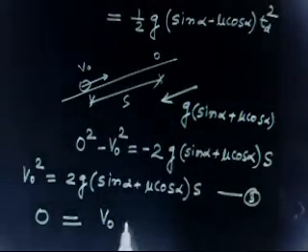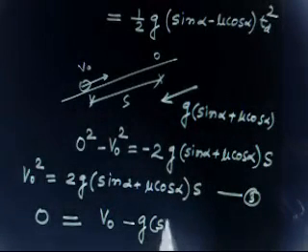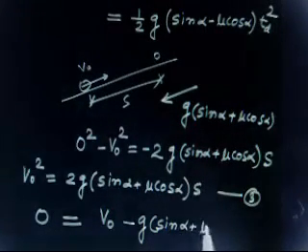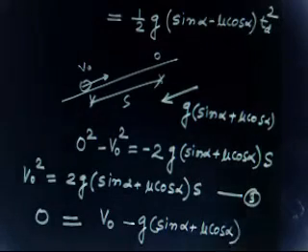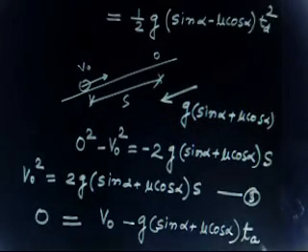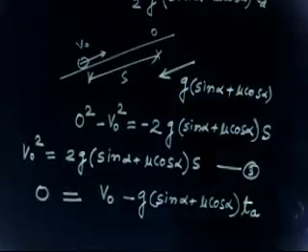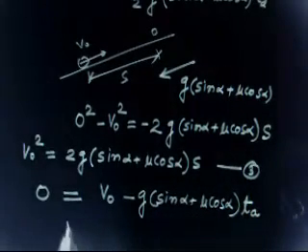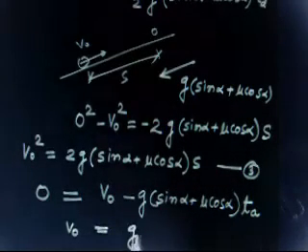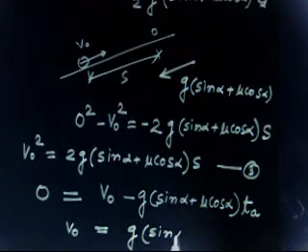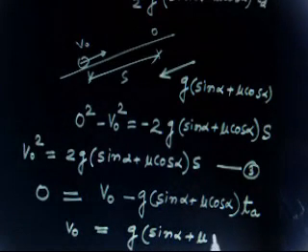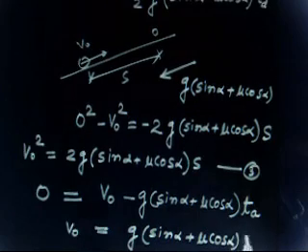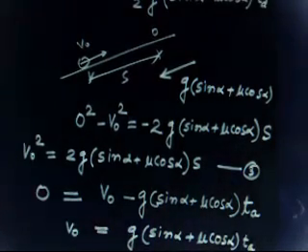The acceleration is g sin alpha plus mu cos alpha, into time of ascent t a. So from here I will get V naught is nothing but g sin alpha plus mu cos alpha into t a.